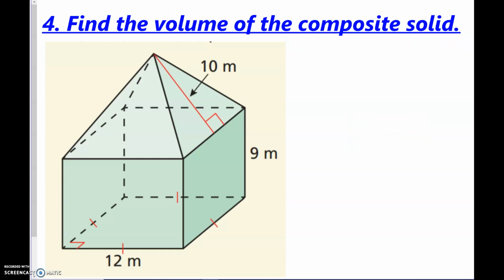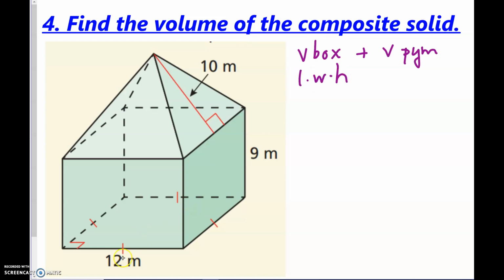And our last problem here is that we have a composite solid, so we have to have a plan. Basically I'm going to take the volume of the box, and then I'm going to add to it the volume of that top figure, the pyramid. The volume of the box is going to be length times width times height.